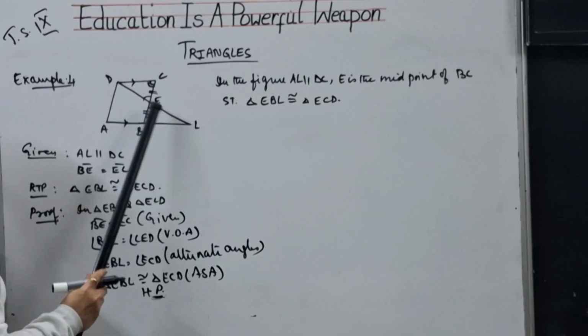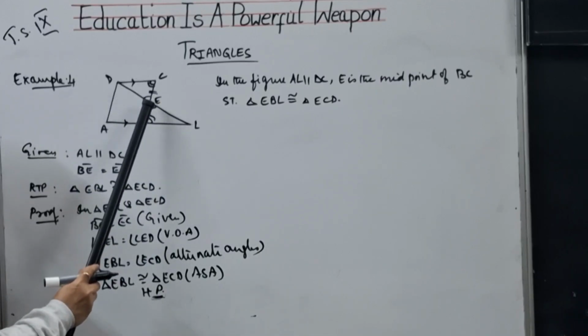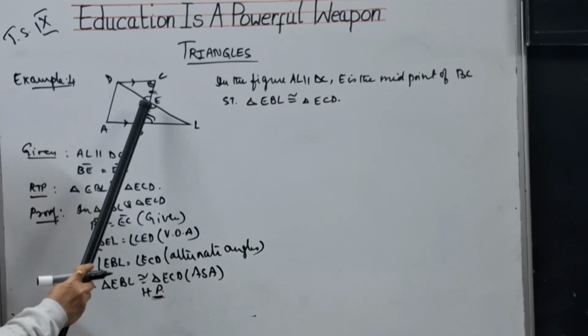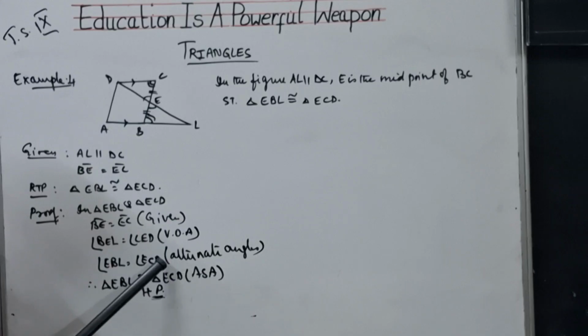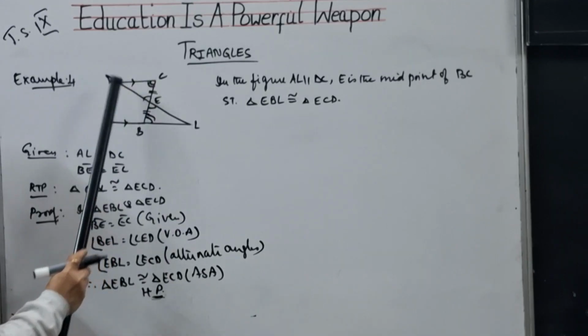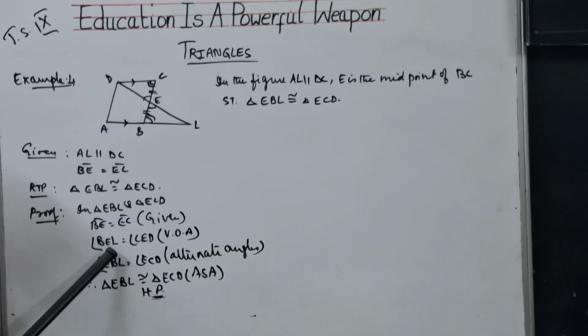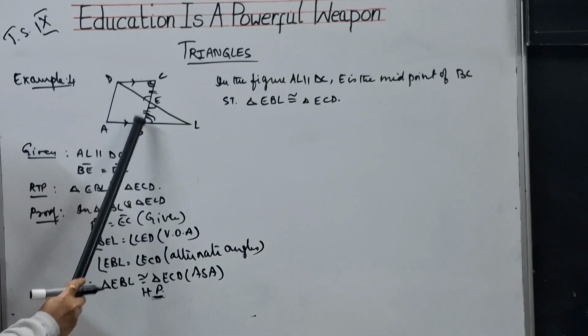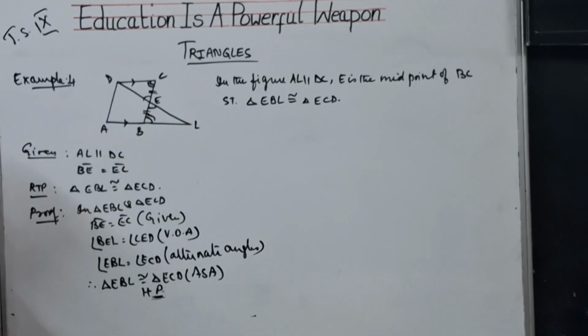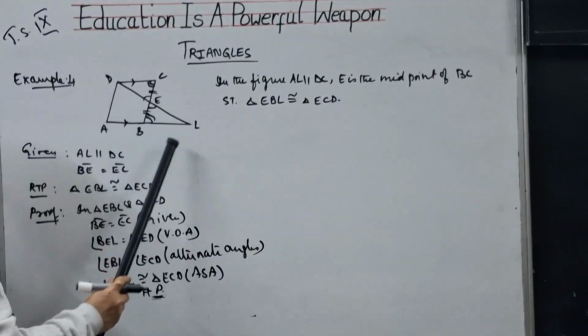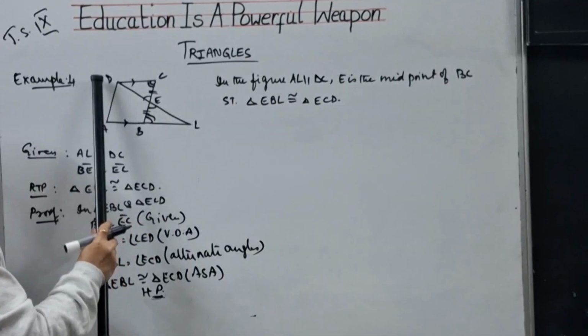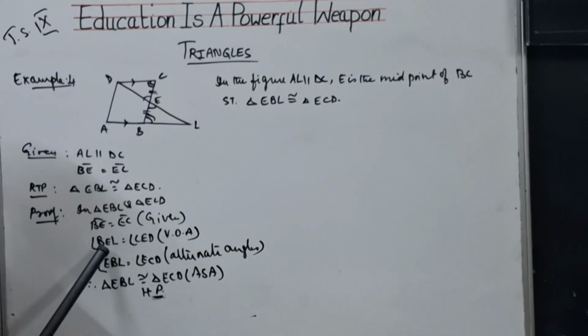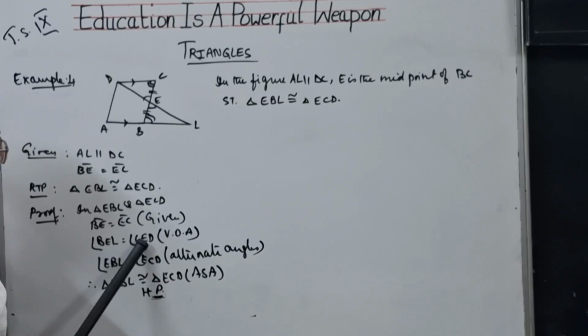Angle BEL is equal to angle CED. Angle BEL is equal to angle CED.